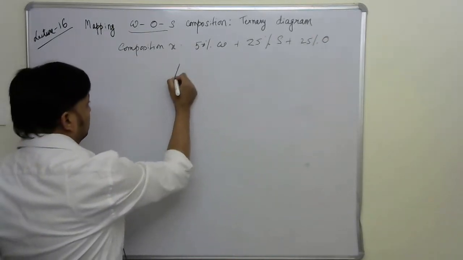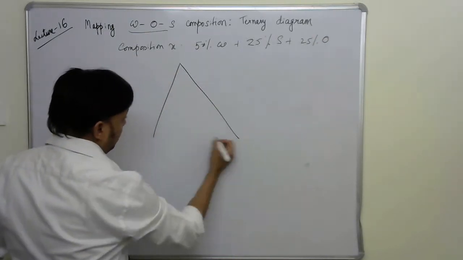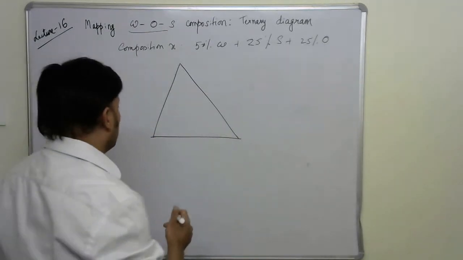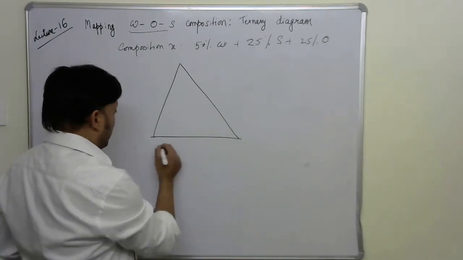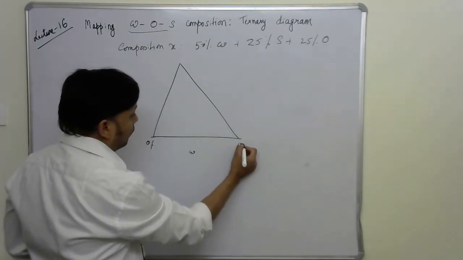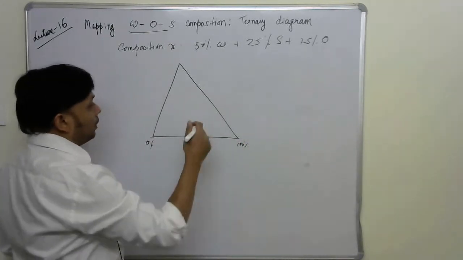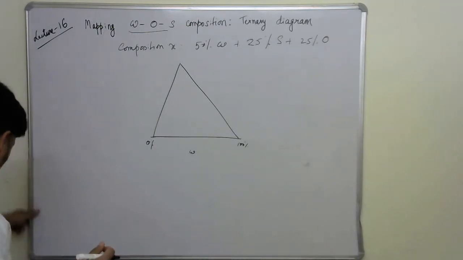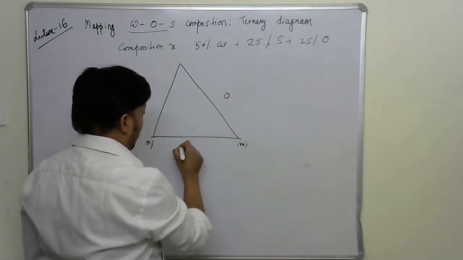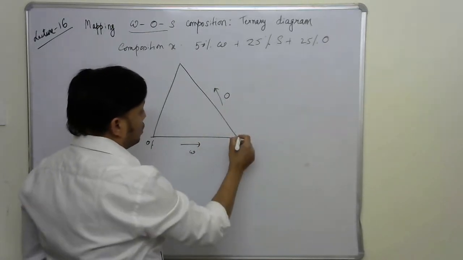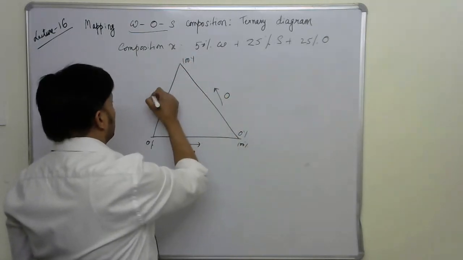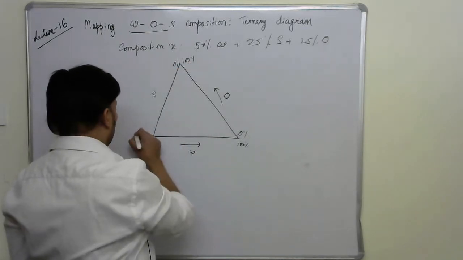A ternary diagram is basically plotted by forming an equilateral triangle. In one of the axes, we can plot water. So here we have 0% water and here we have 100% water. Then we move on to the oil axis. So this is the water axis, this is the oil axis. The oil axis starts from 0% here, ends at 100% there. And then we have the surfactant axis, which starts from 0% here and ends at 100% here.